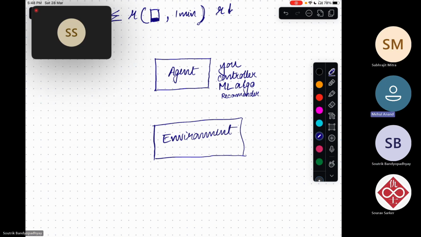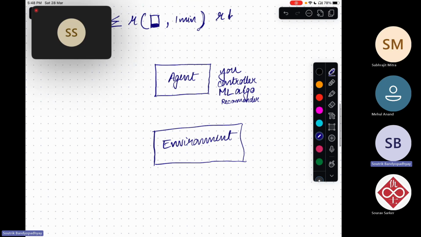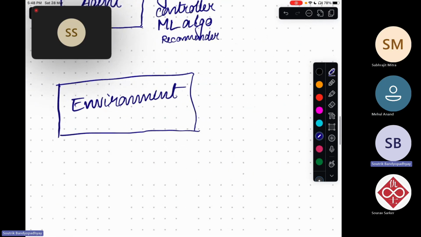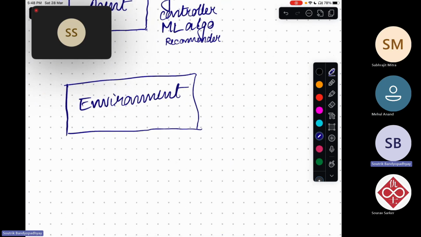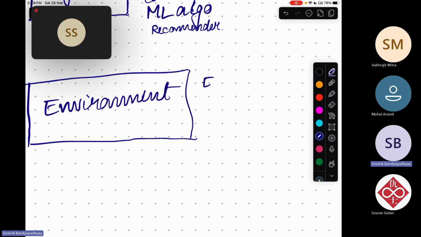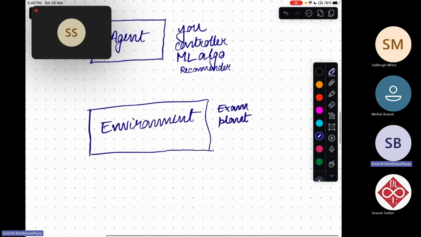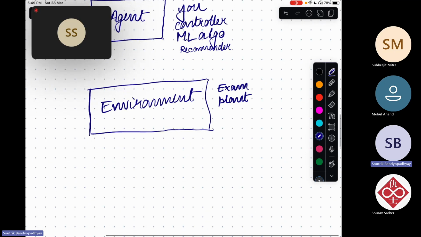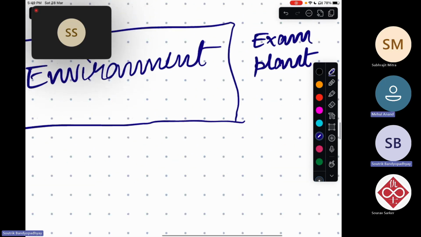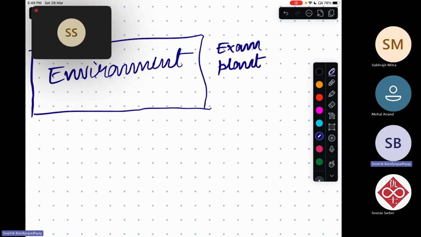So, for the case of this system that I mentioned, learning for an exam, the exam may be your environment. For a controller, the plant. So, suppose you have an industrial process controller. The controller is the actions that you take, and the environment is the system plant, for example, a stirring machine or something.